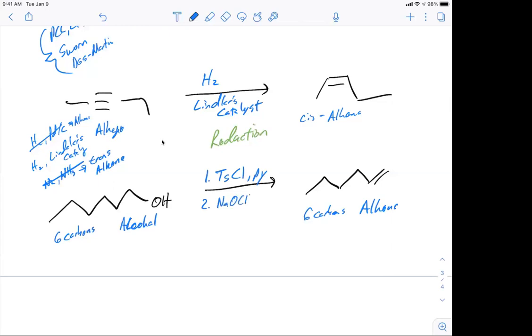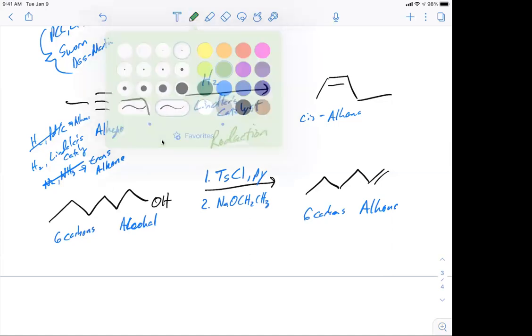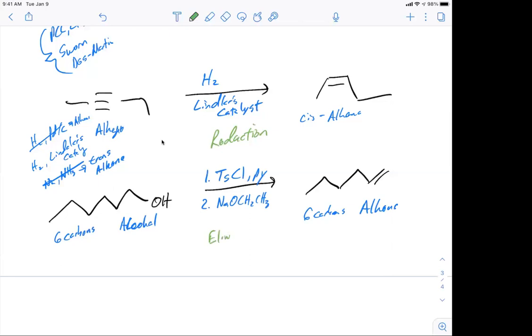But we can just use something simple like the ethoxide to get us our product, right? So what we're doing in this case is an elimination. And since this is primary, I want to focus on E2 style eliminations. All right, questions about this one?